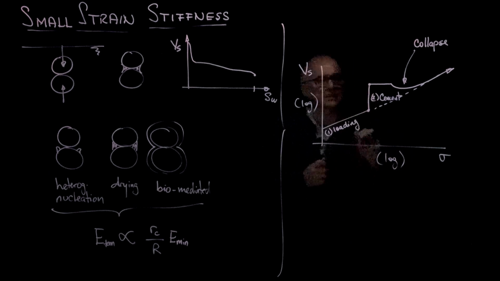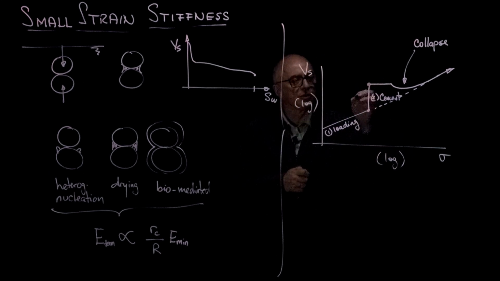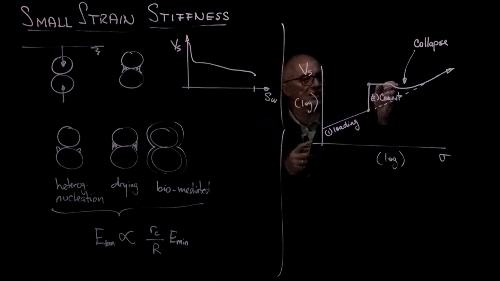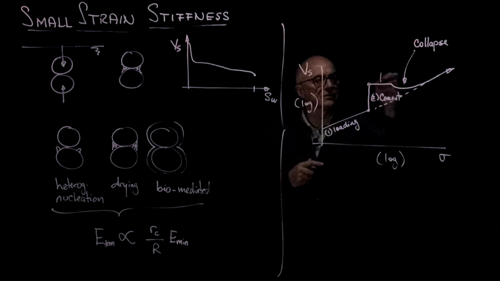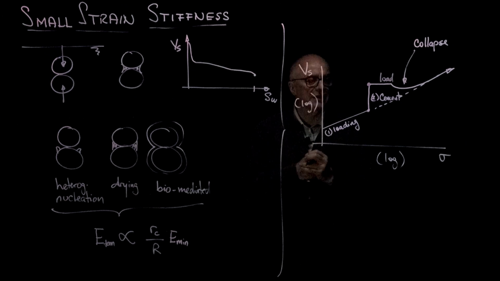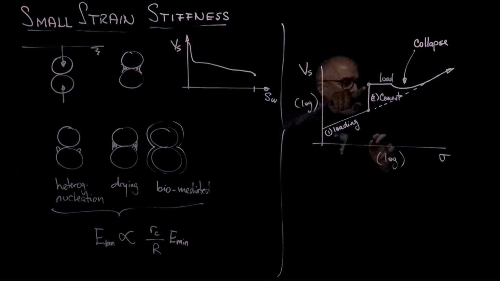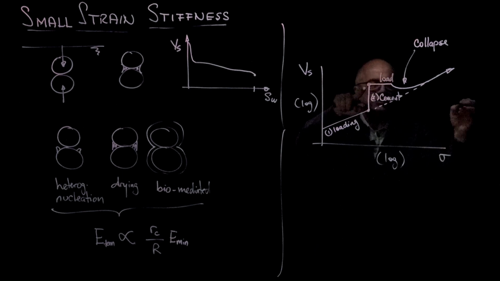Now, what happens if from this point we could have taken another path? Instead of continue loading, we could have said, okay, let's unload. Now, let's zoom in into the particles at this situation. So the particles were loaded, and so they were like loaded springs.